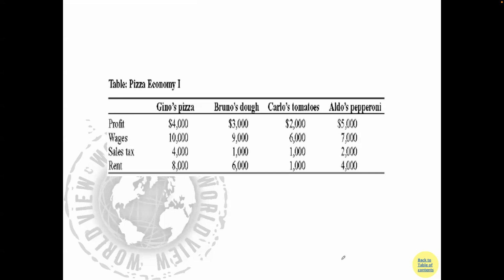Or maybe just look at one column. If there's only one business in this example, if you look at the first column, can anyone tell me what is the total income? First, that's part of the income.